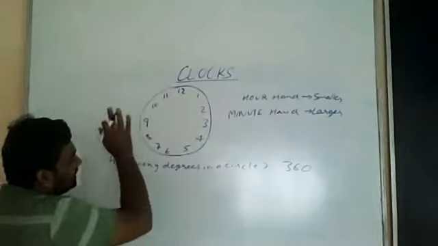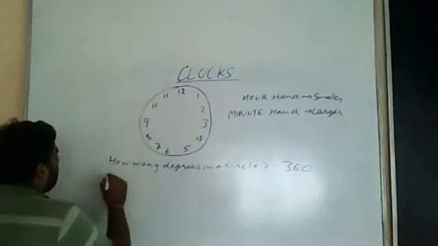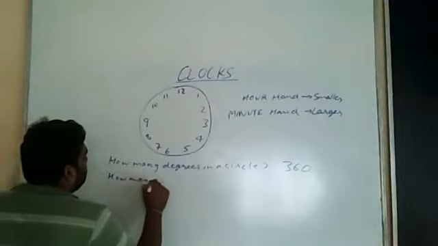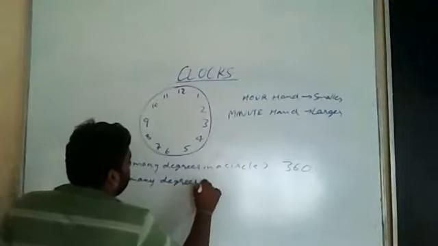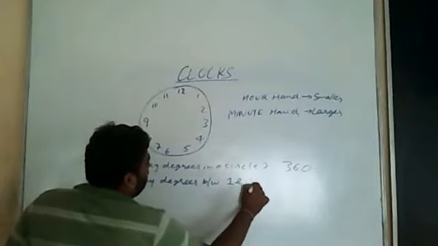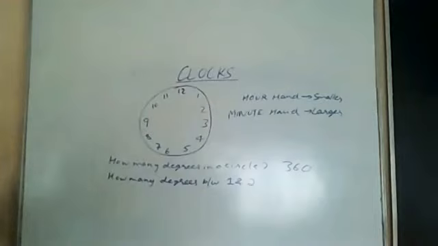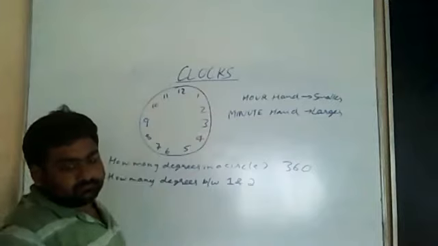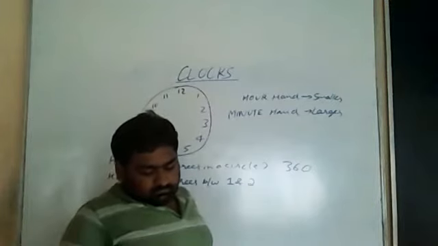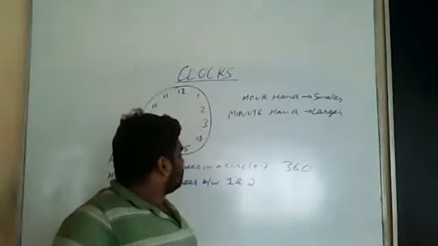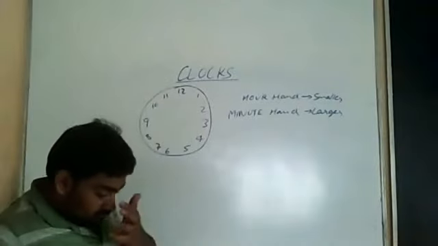If this circle has 360 degrees, how many degrees are there between 1 and 2? Thirty.